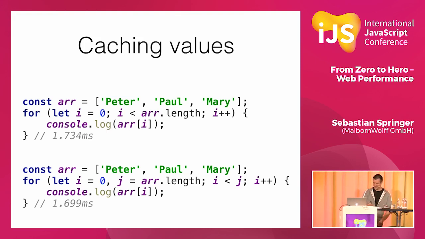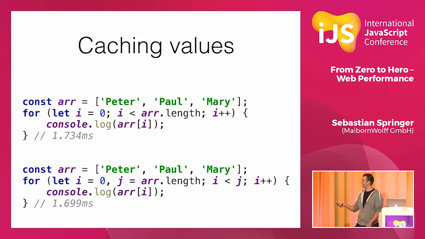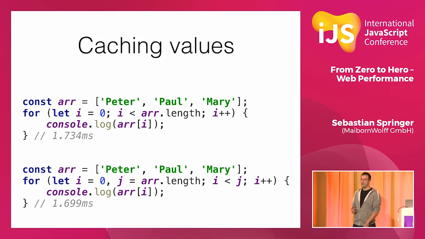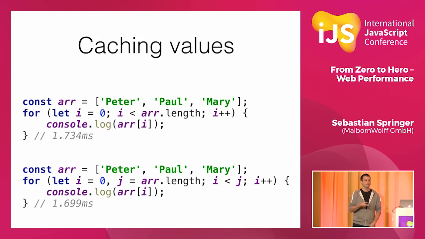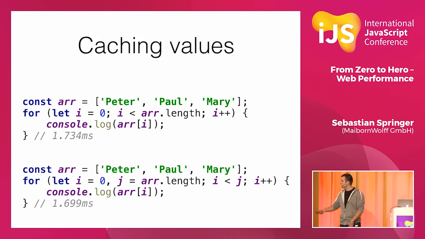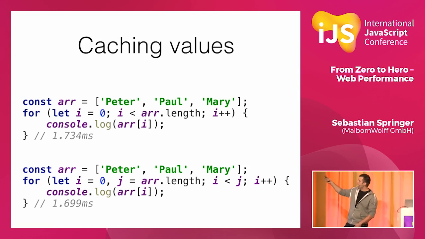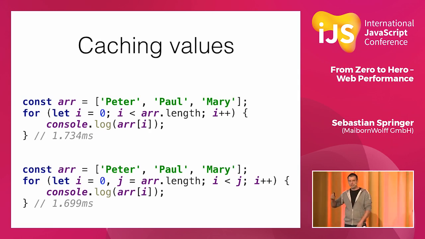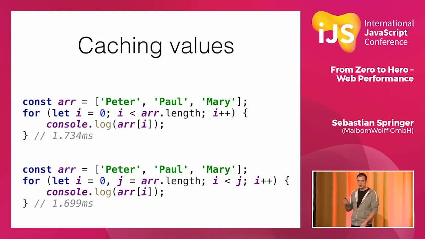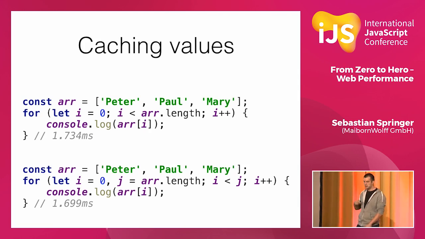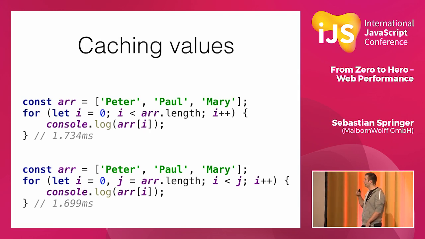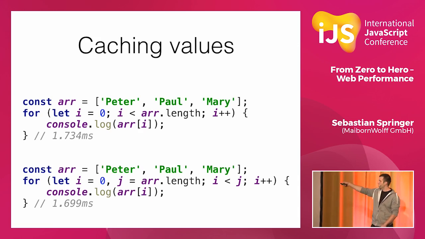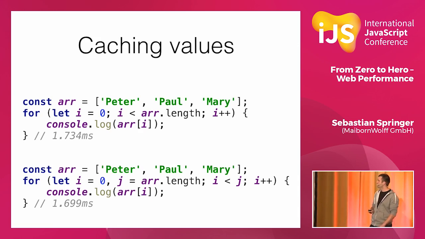Why do I do this? You don't have to query the value every time. You just store it once and then use it. Absolutely correct. So in this one, I go to my array object and ask it, how long are you? And this is done for every iteration over this loop here.